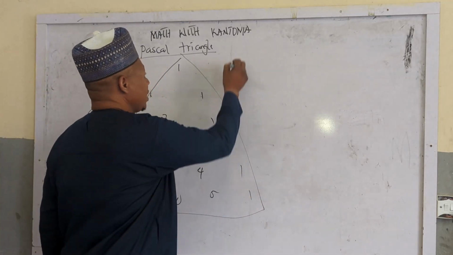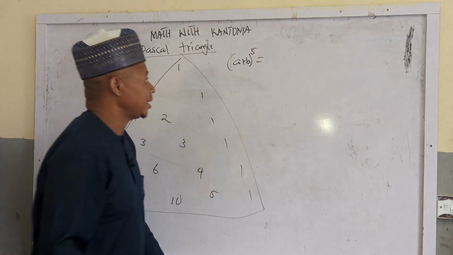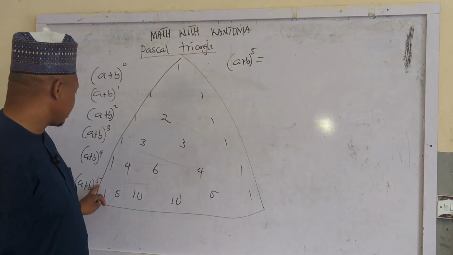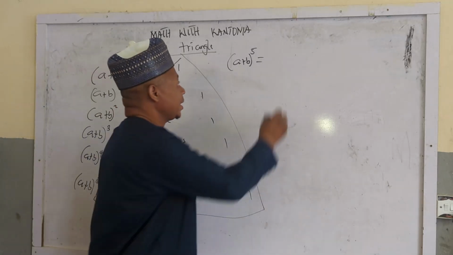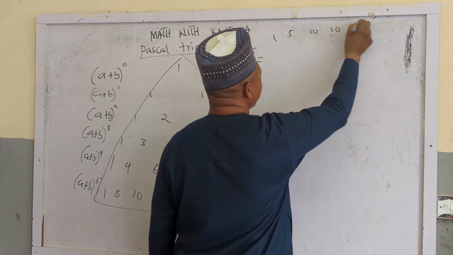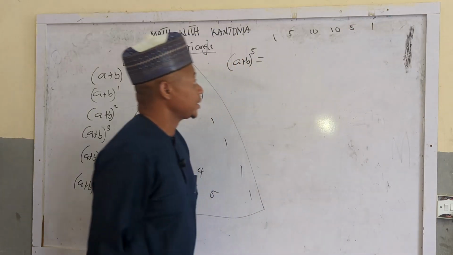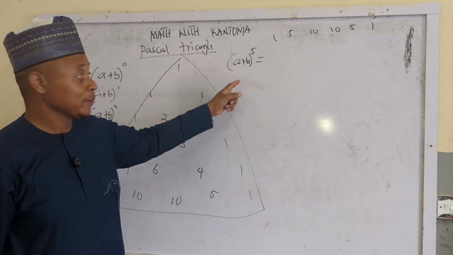For example, if we are asked to expand a plus b raised to the power of 5, how do we expand this? We know that the coefficients of power 5 are 1, 5, 10, 10, 5, 1. These are the values we'll be using to expand the bracket.